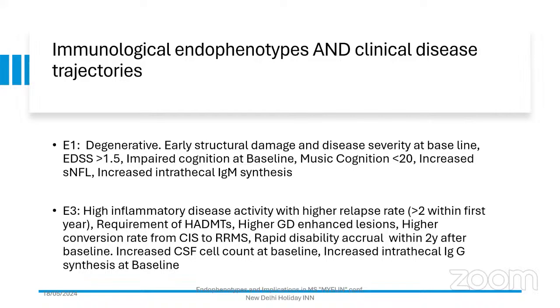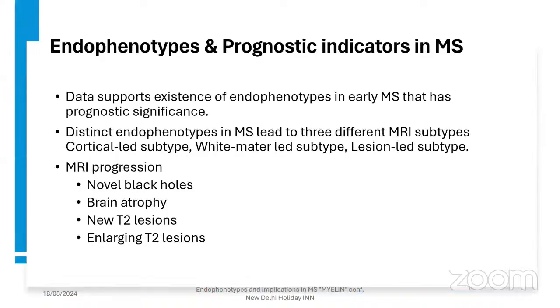So there are clear-cut differences right from the beginning of MS. The data supports the existence of endophenotypes in early MS with a prognostic significance.